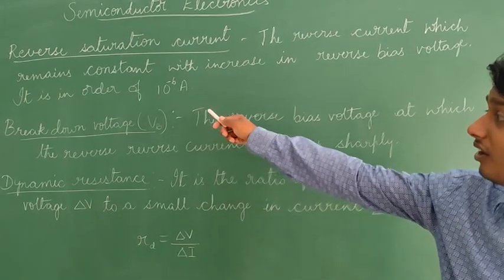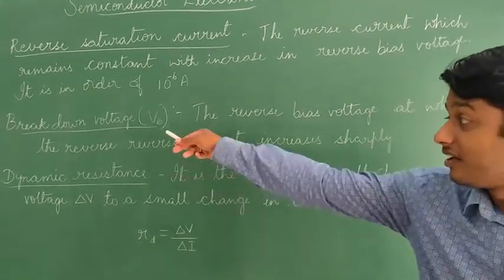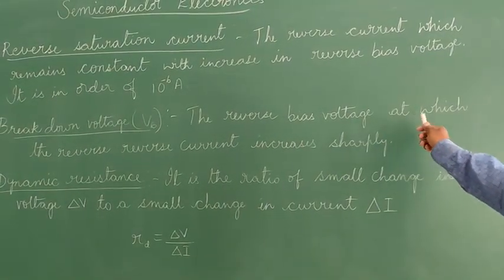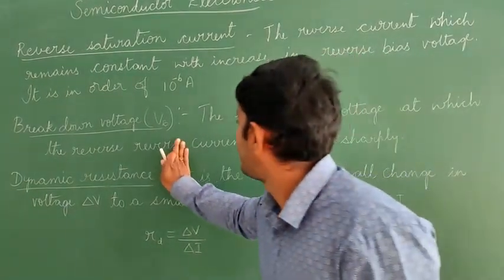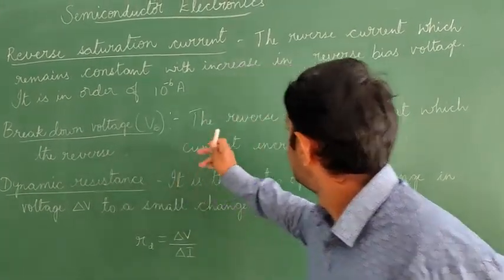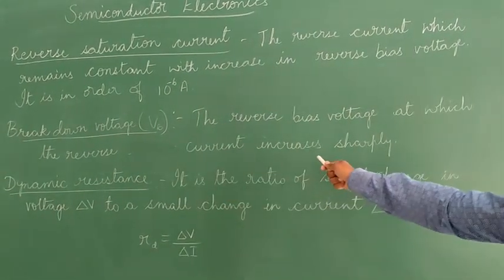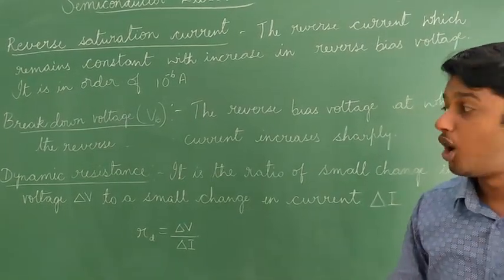It is in the order of 10 to the power of minus 6 ampere. Next is breakdown voltage. The reverse bias voltage at which the reverse current increases sharply is called the breakdown voltage.